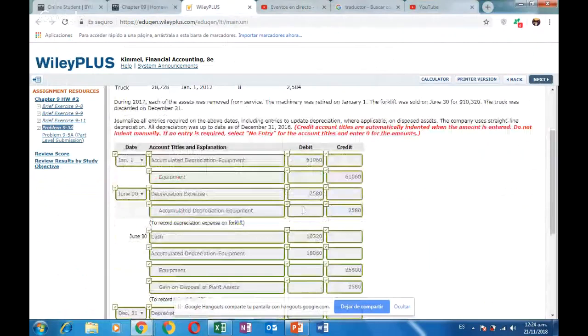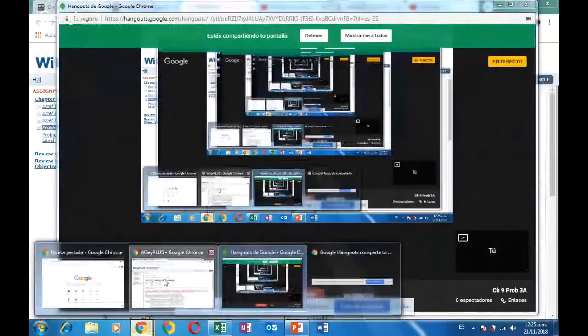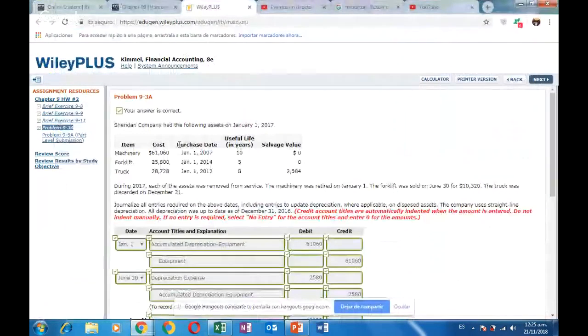So I have this in chapter 9, problem 3a. Okay, Sheridan Company had the following asset on January 1st, 2017.